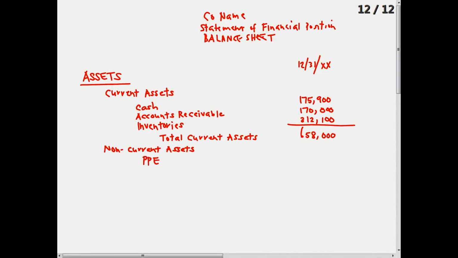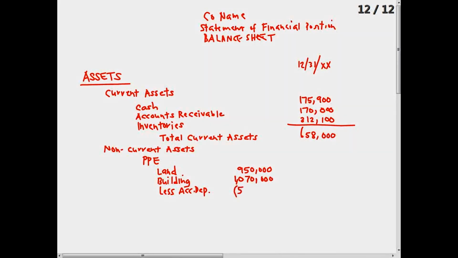So I have PP&E. What's in my PP&E? Land, building, less accumulated depreciation. Okay, so how much land do I have? 950. Okay, building. Okay.